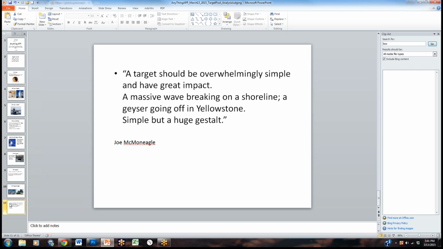Some could interpret simple as a rock sitting on the ground, which may be incredibly boring. Others might say a massive wave breaking on a shoreline is way more complex than many other things. So this is where the judgment comes in.